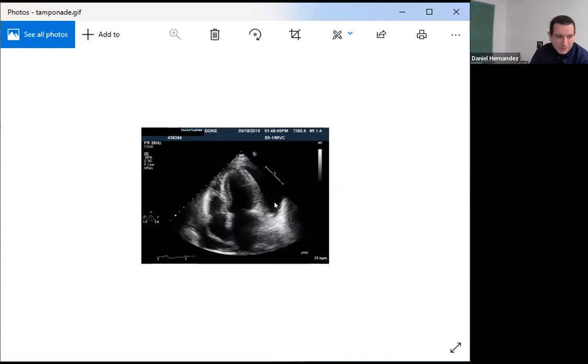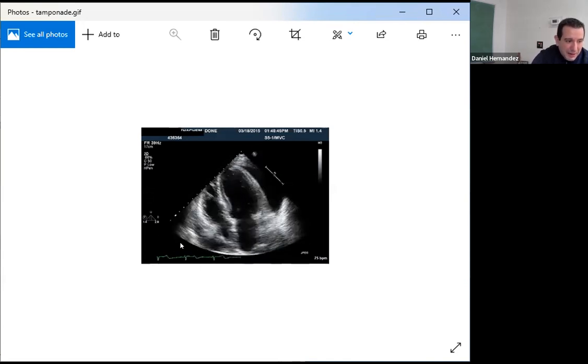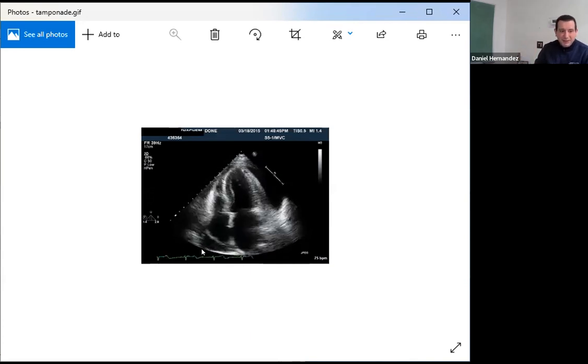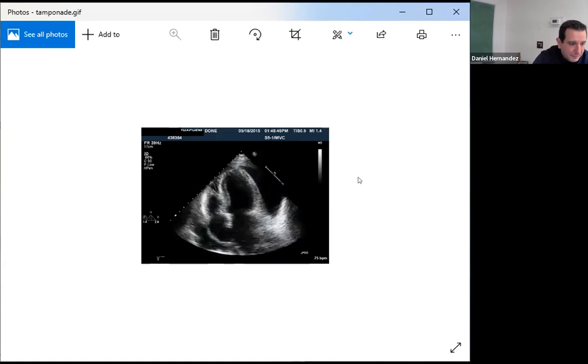They're going to have weak pulses. Stuff's going to be backing up now in that IVC and SVC. So they could potentially have jugular venous distension, dilated IVC, potentially dilated hepatics. Pulsus paradoxus, we're going to see.